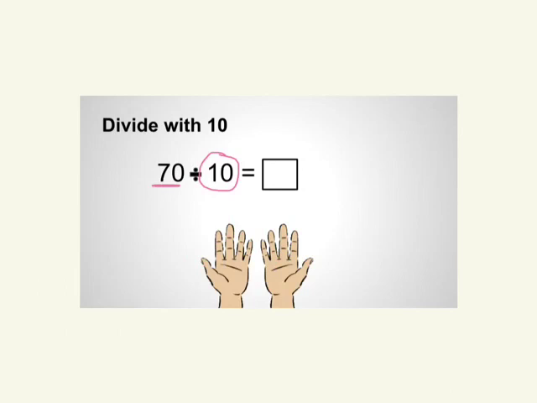Go for it. 70 divided by 10 equals 7. Nice job. Continue practicing multiplying and dividing by 10.